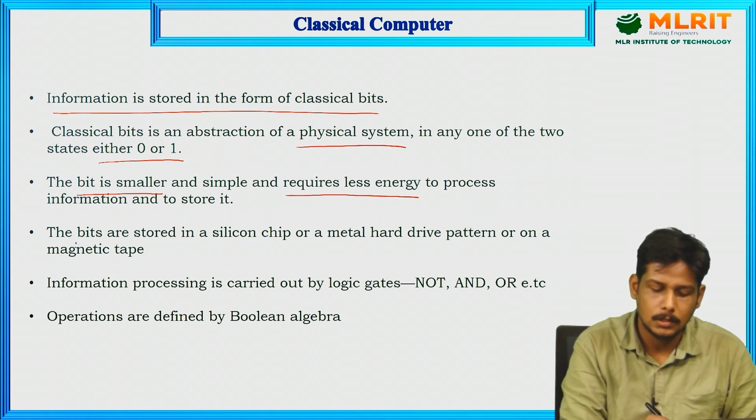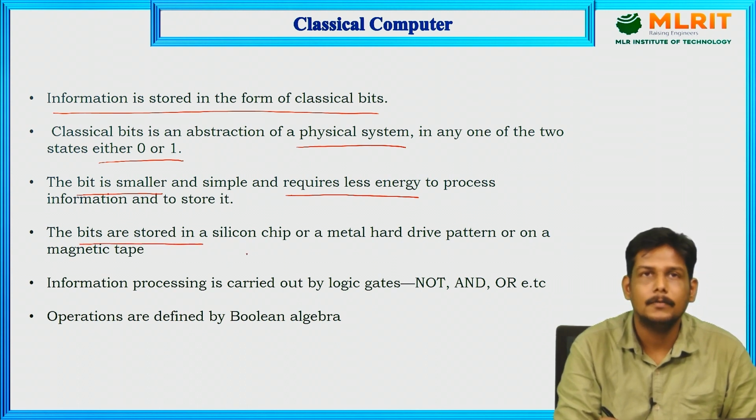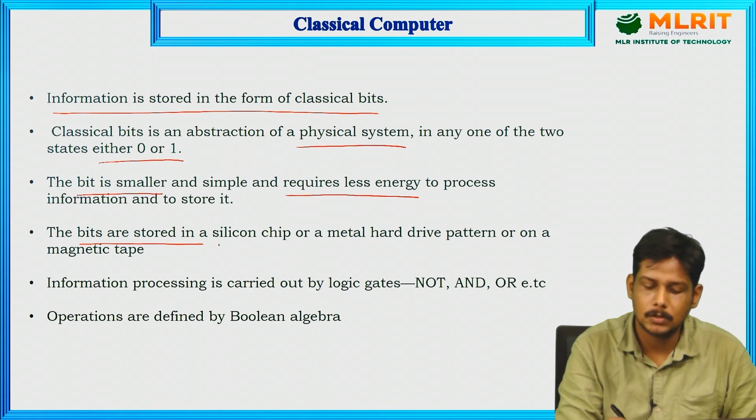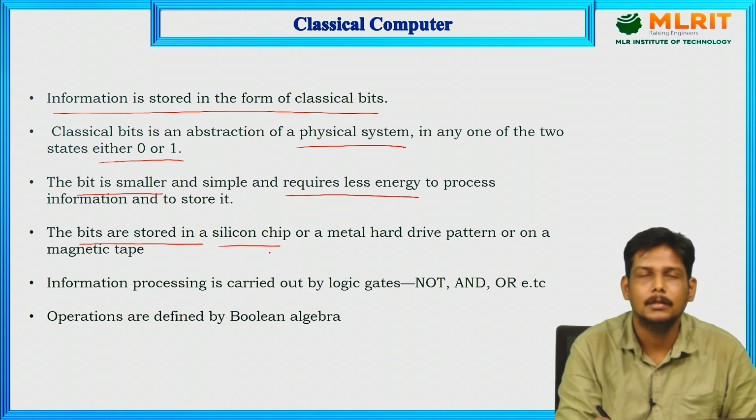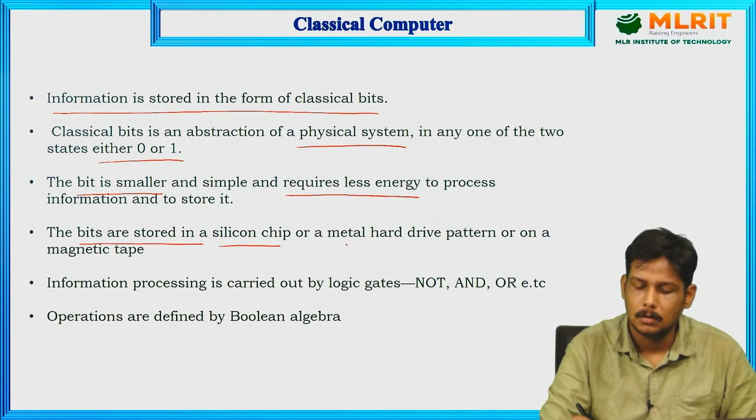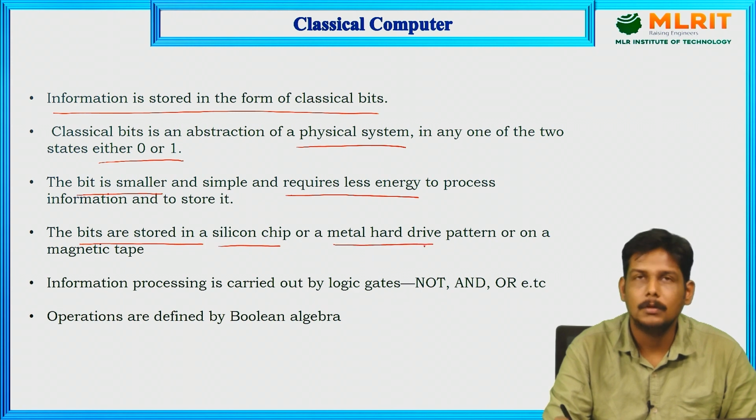Now, these bits are stored in a physical system. It can be stored in a silicon chip. You can think of it this way: a charged capacitor can be stored as state 1 and a discharged capacitor as state 0. Or in a hard drive using a ferroelectric material.